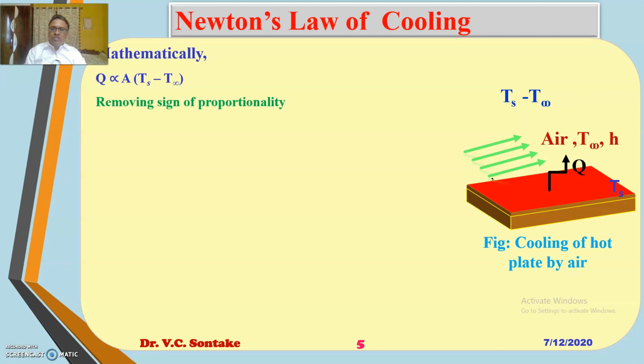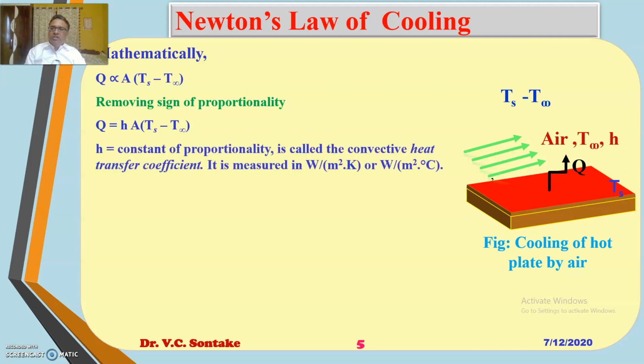Removing the sign of proportionality will give the equation Q is equal to hA (Ts minus T infinity). In this equation, h is the constant of proportionality and it is called the convective heat transfer coefficient. Its unit is generally taken as watt per meter square Kelvin or watt per meter square degree Celsius.